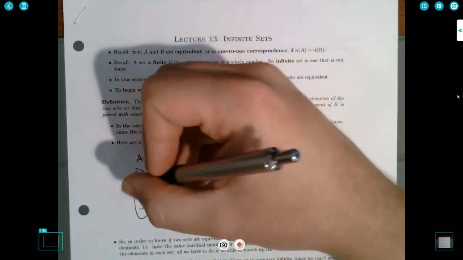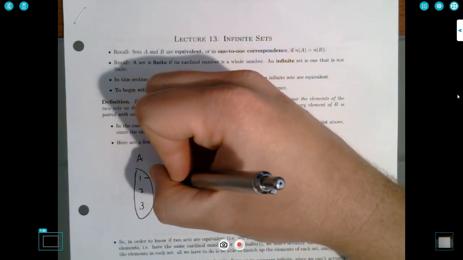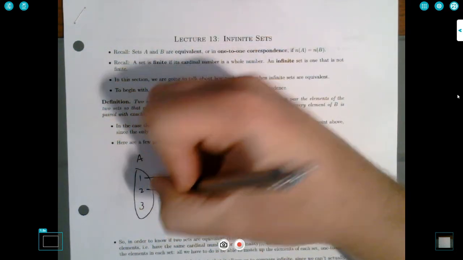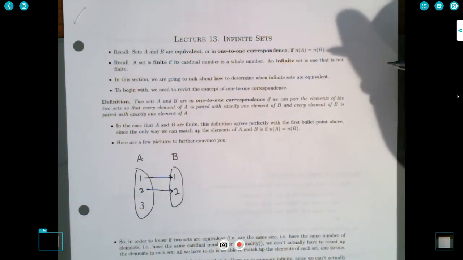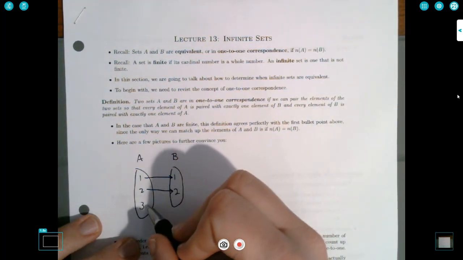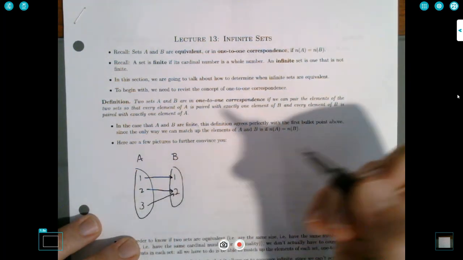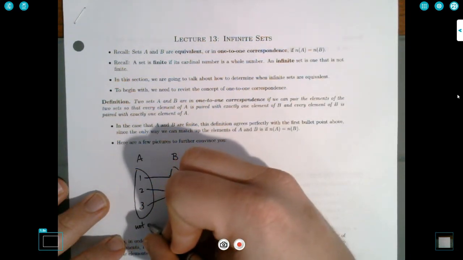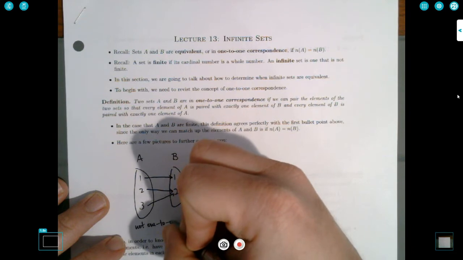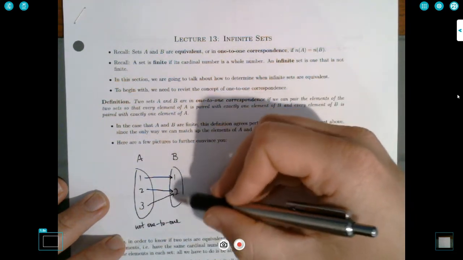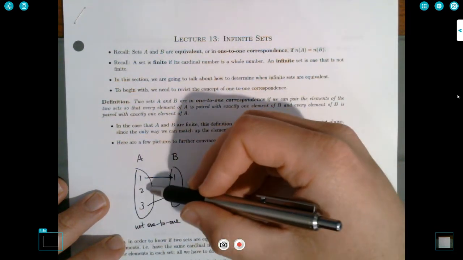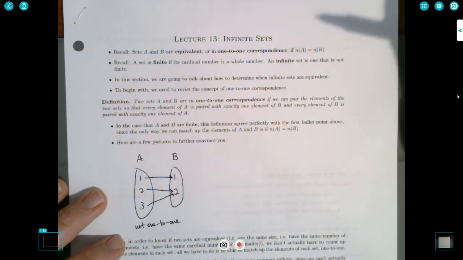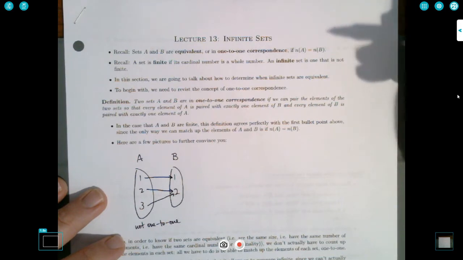If we took 1 and matched it there, and then we took 2 and matched it there, well, that doesn't leave anywhere for 3 to go, right? You could say, well, why not just send 3 up here to 2 as well? And of course you could do that, but then that would not be one-to-one, because this 2 over here is linked up to 2 different numbers, right? So that's not a one-to-one map. That's not a one-to-one correspondence.